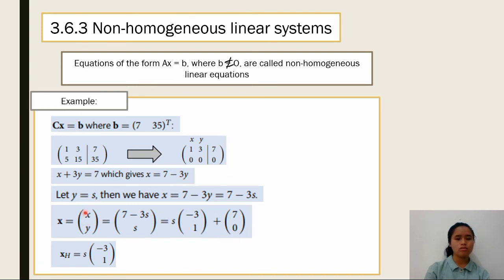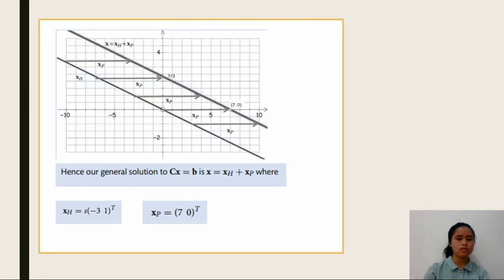So from the example, we get x_h equal y times (minus 3, 1). This is an application in the Cartesian coordinates.